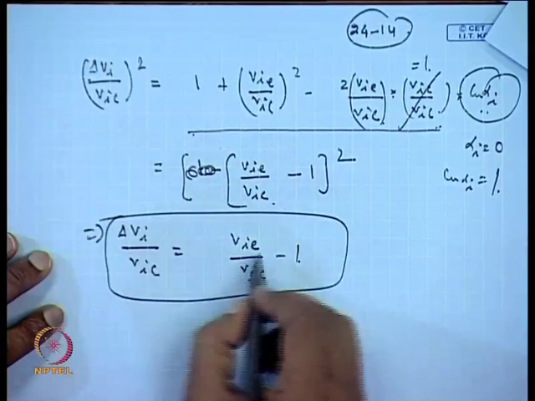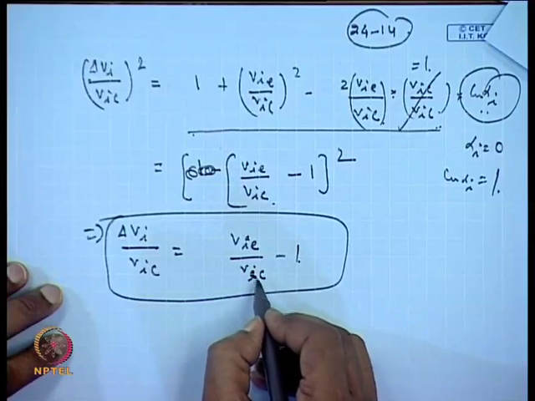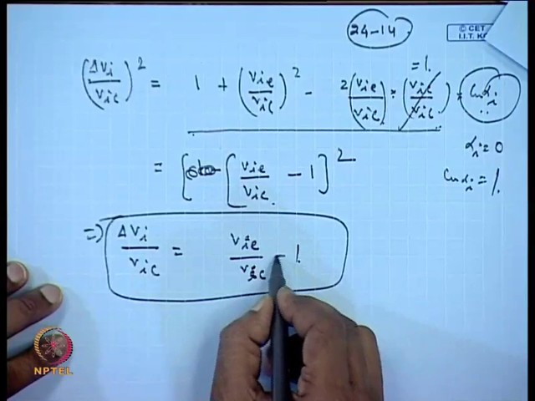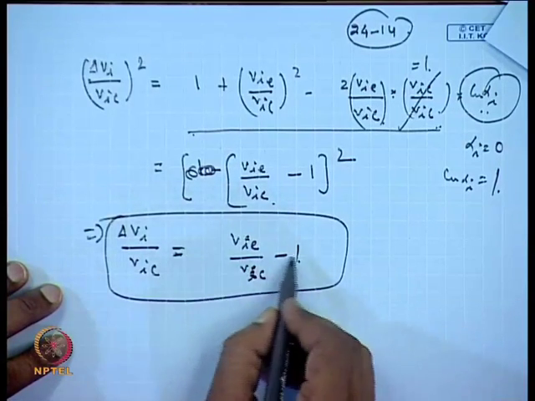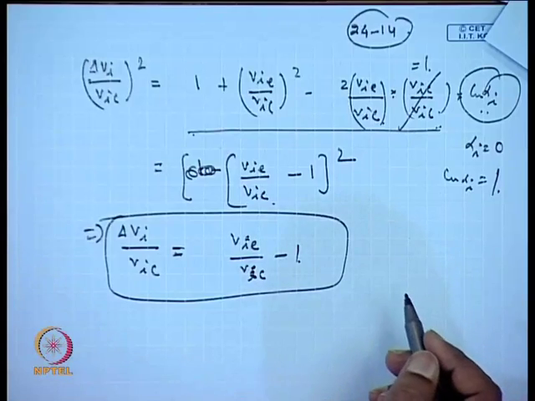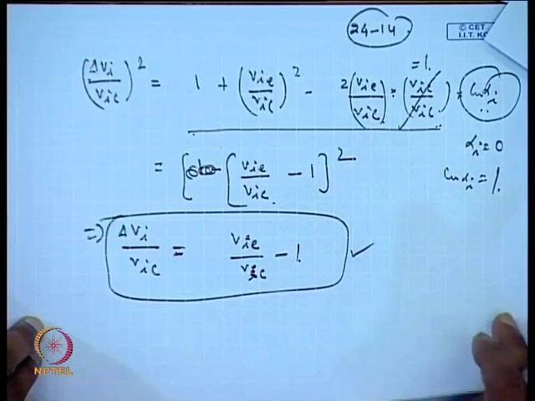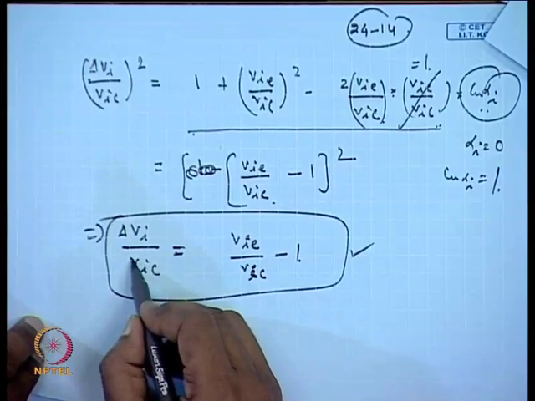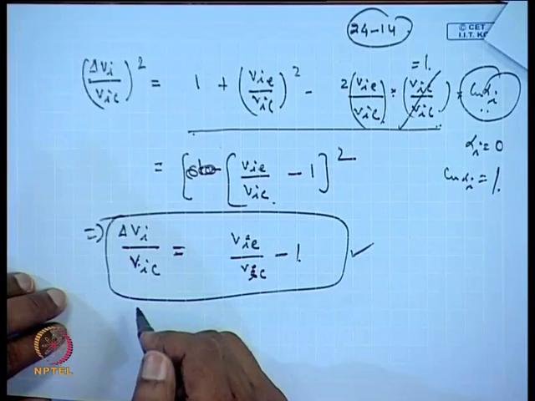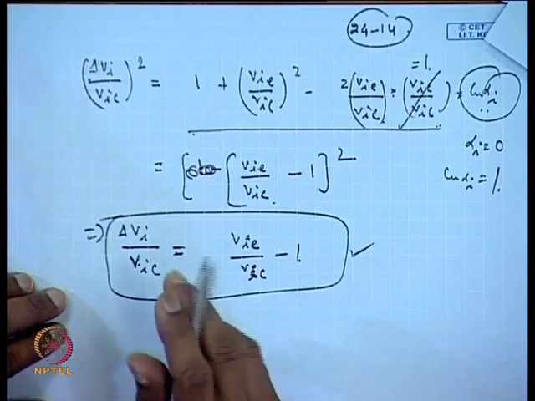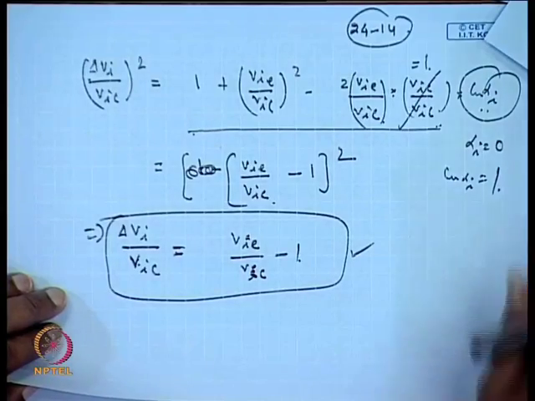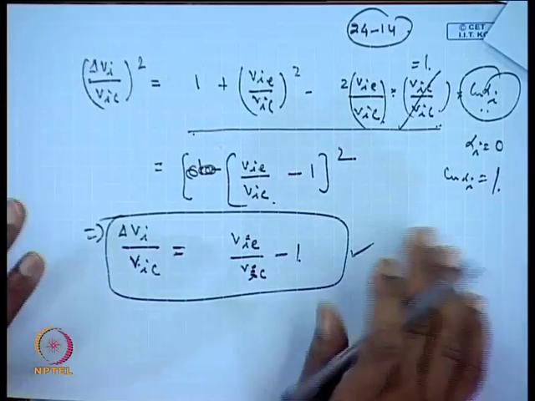Why have we written it in this format? Because V I is greater than V I c, and therefore, it is appropriate to represent it like this. Similarly, you can work out for delta V f by V I c, and if you try to equate, then you will see that the results are the same for both this case and this case, there is no difference.